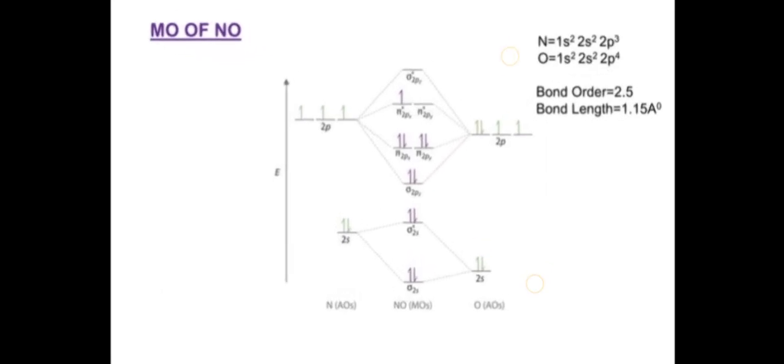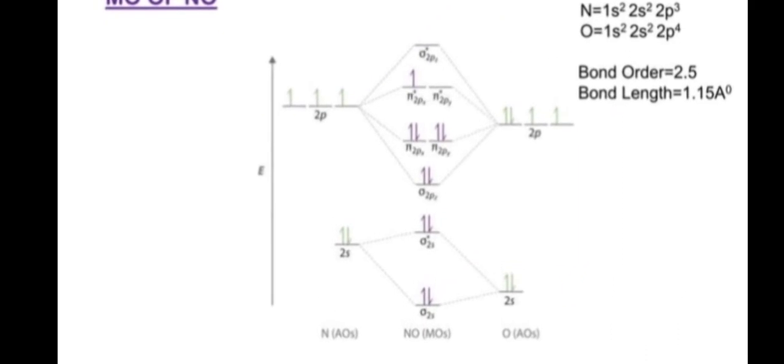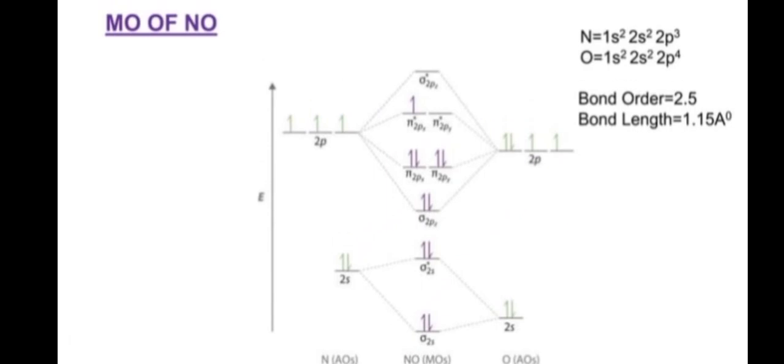If you look at this molecule carefully, first we have the 1s atomic orbitals. The 1s atomic orbitals like sigma 1s, sigma star 1s are completely filled with electrons, because sigma 1s and sigma star 1s are the bonding and anti-bonding molecular orbitals that are formed from the 1s atomic orbital of nitrogen and the 1s atomic orbital of oxygen.